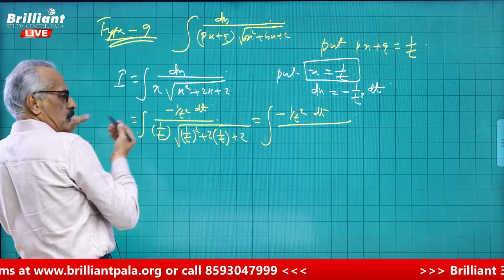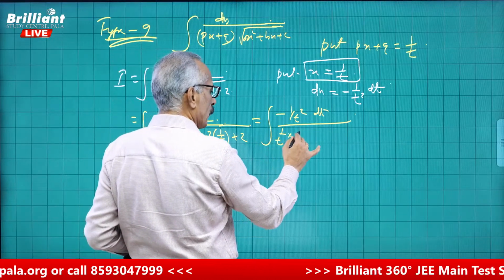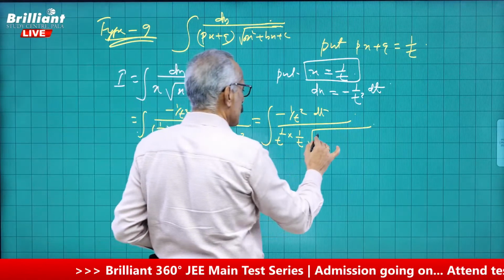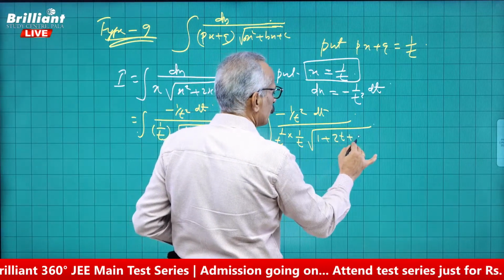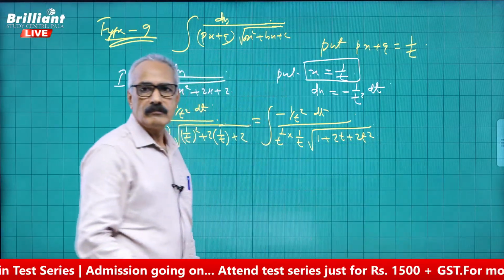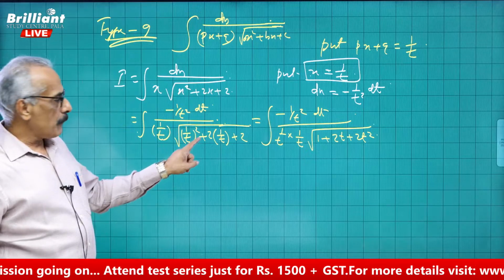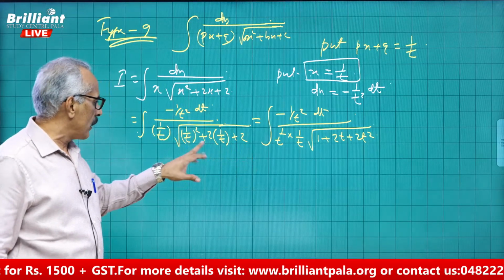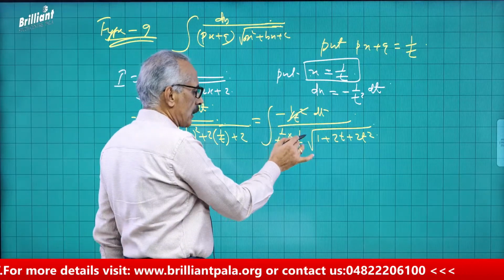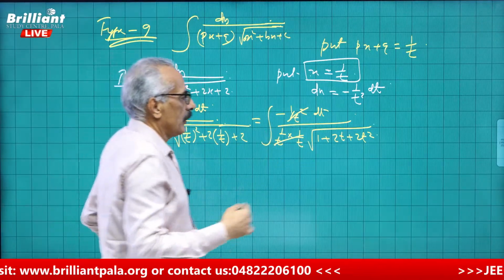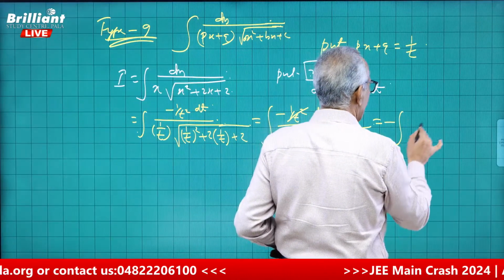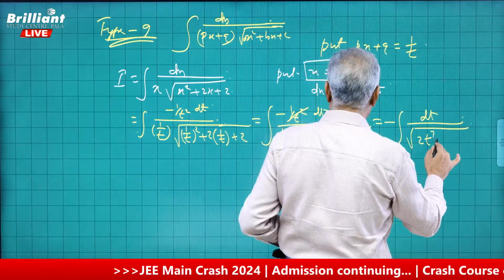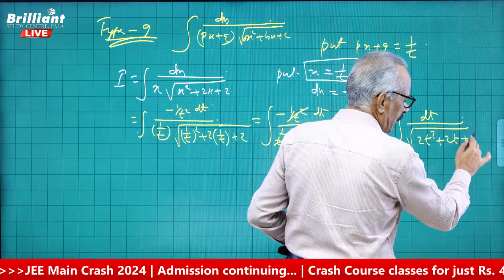Take 1 by t outside, so this becomes 1 by t into 1 by t into root over 1 plus 2t plus 2t square. The 1 by t square and 1 by t square cancel. And you get minus integral dt divided by root over 2t square plus 2t plus 1.